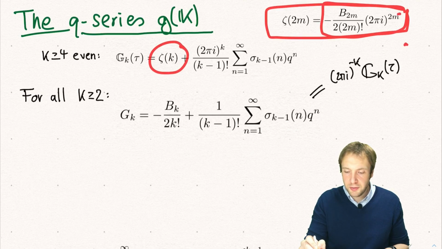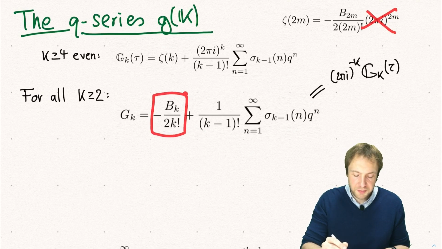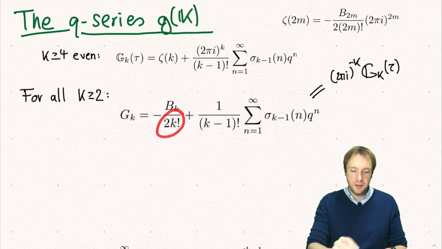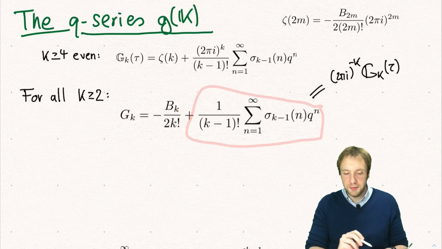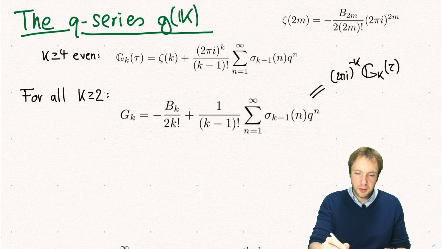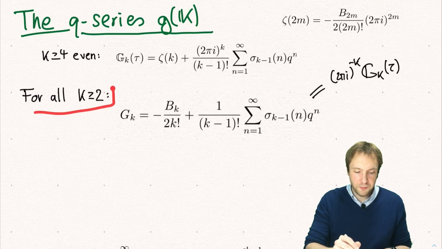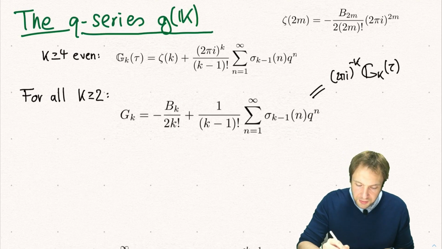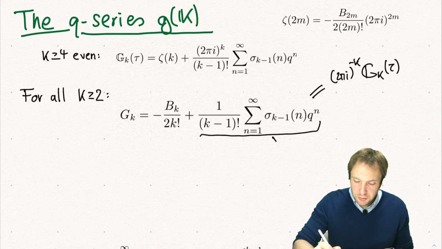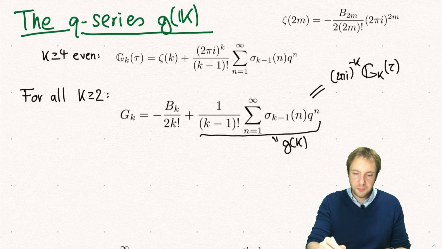So if we divide out this (2 pi i) to the power of the weight, we just get the Bernoulli number as a constant term divided by some factorial. And the rest is given by this here. This we define for any k greater or equal to 2, and this is what we want to call small g of just one number k.